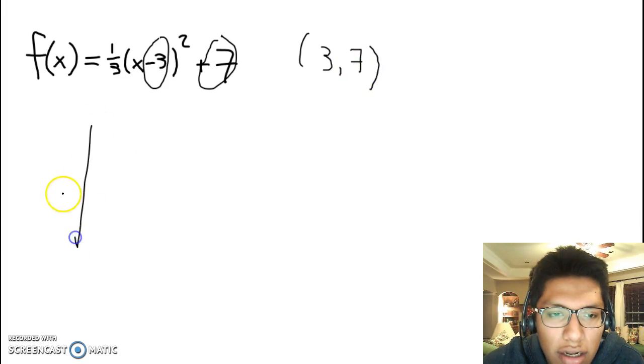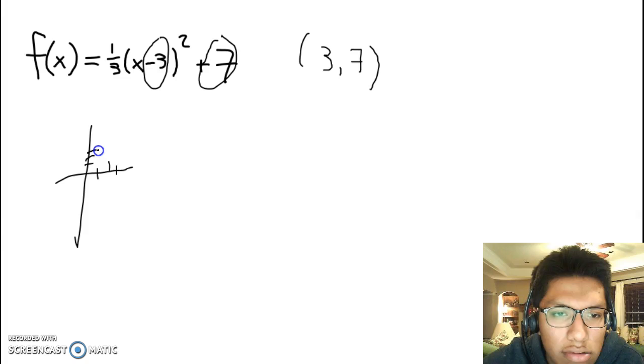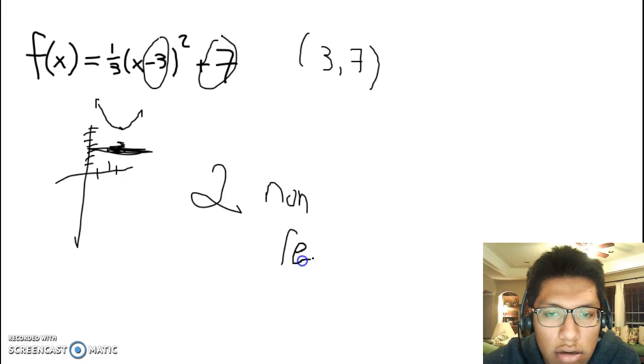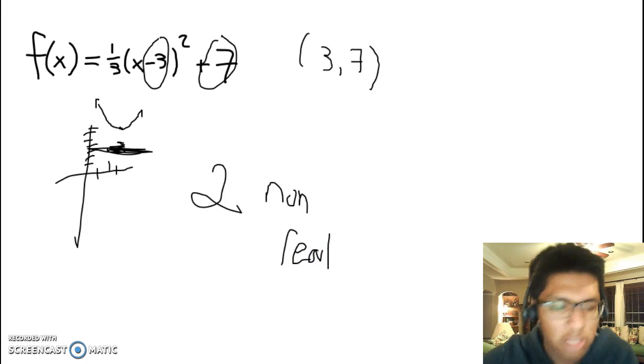And if you take just a few seconds to sketch it out, 1, 2, 3, 4, 5, 6, 7, your vertex is going to be here, and here's going to be your parabola going all the way up there. So this shows us that we have this space over here, and it tells us that we have two non-real solutions.